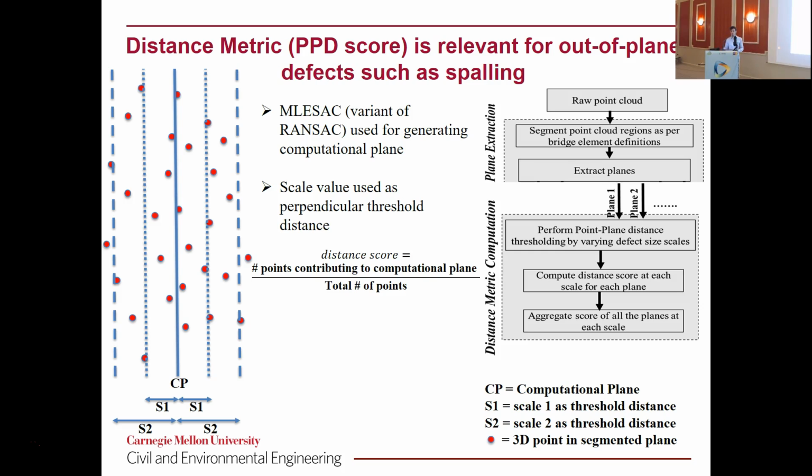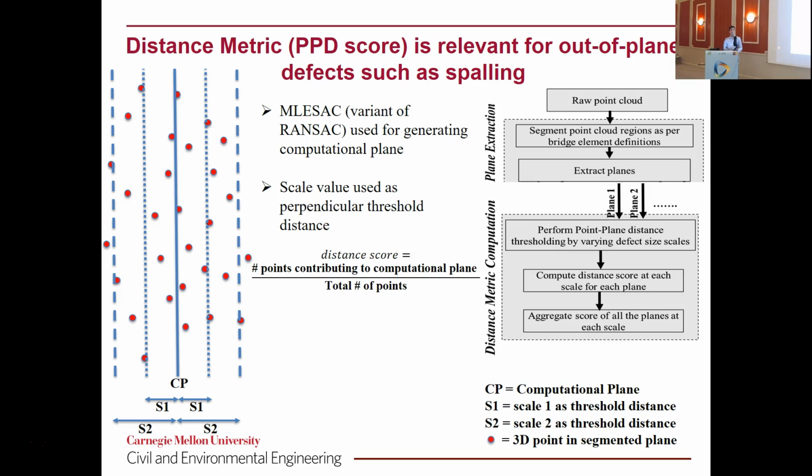Now, because of this method, the higher the PPD score, the higher the chance for us to use that data for condition assessment in terms of these defect scales. For example, if the PPD score is high at a CS3, a more severe condition state, then the data could be used to detect a CS3 scale defect.